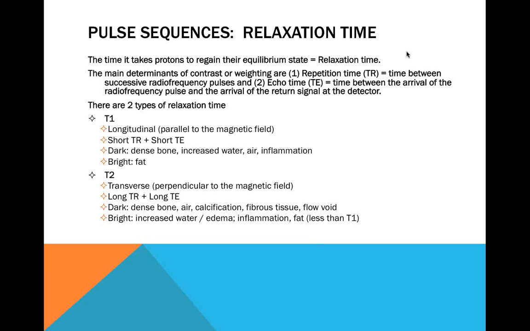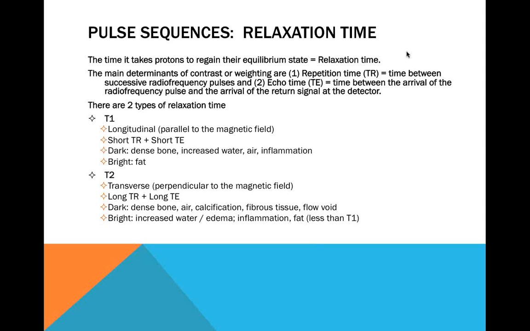What shows up as bright is fat, and fibrous tissue as well. So in relation to muscle MRI, we really like T1 sequences because it gives us a really nice image, and we can also tell the degree of fat or fiber infiltration within the muscle because it shows up as being bright. So we can tell how much the muscle is involved.